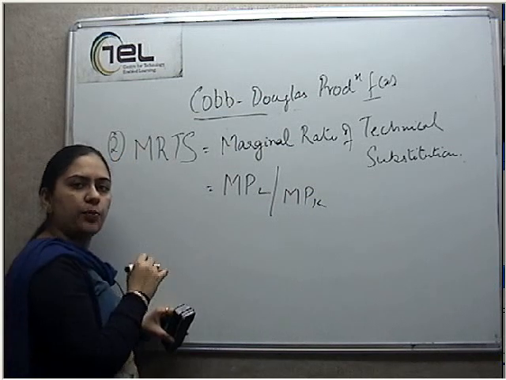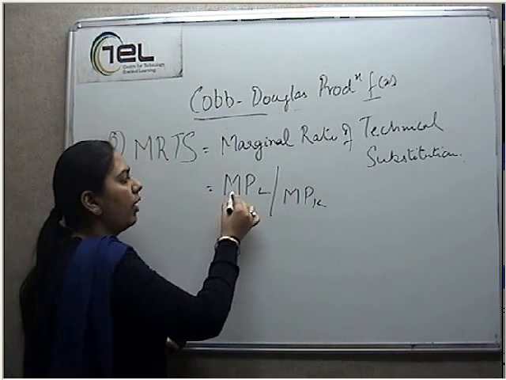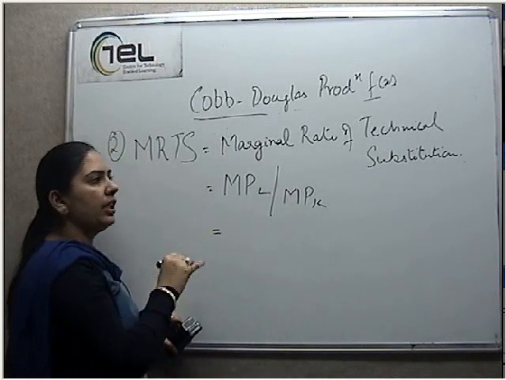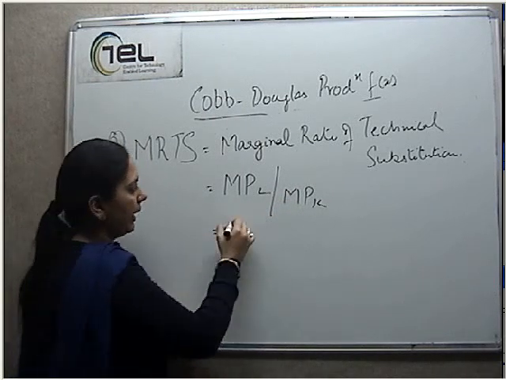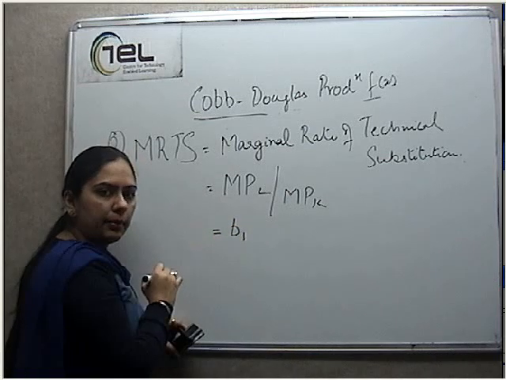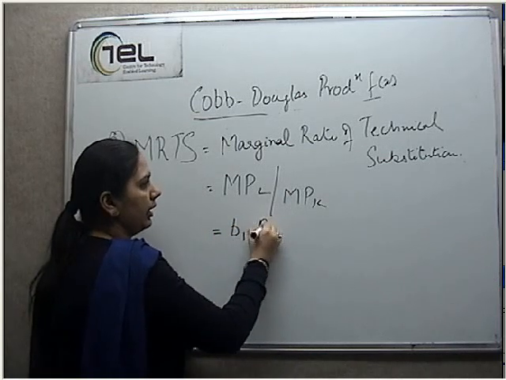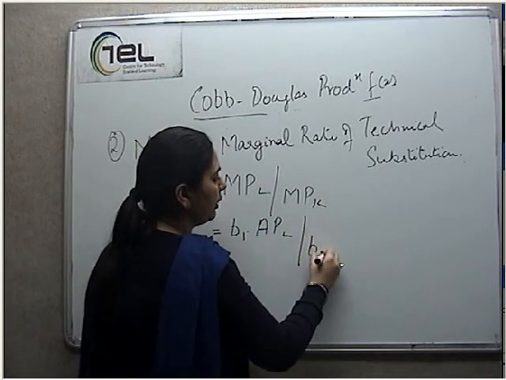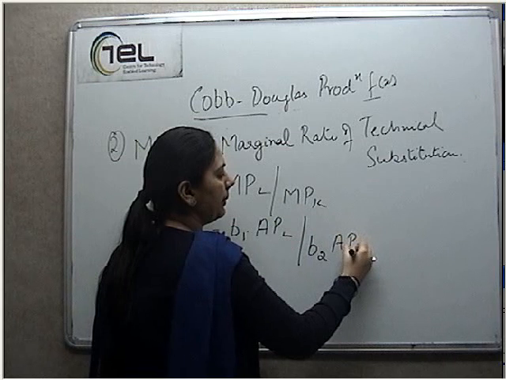Now from our first property, we derived the values of MPL and MPK. So I'll just put in the values. MPL I said is nothing but B1 into APL, and MPK I said was B2 into APK.